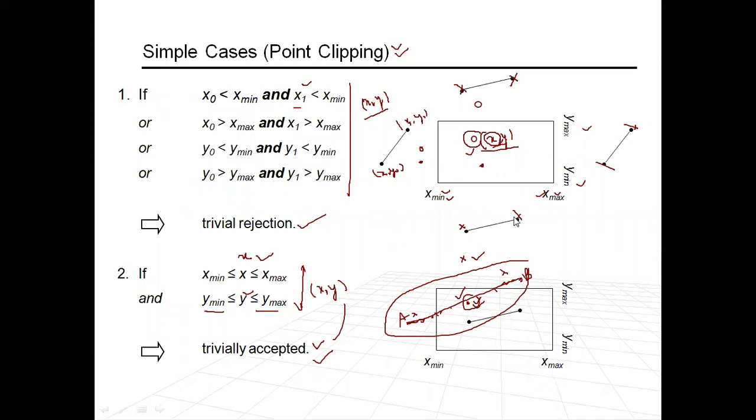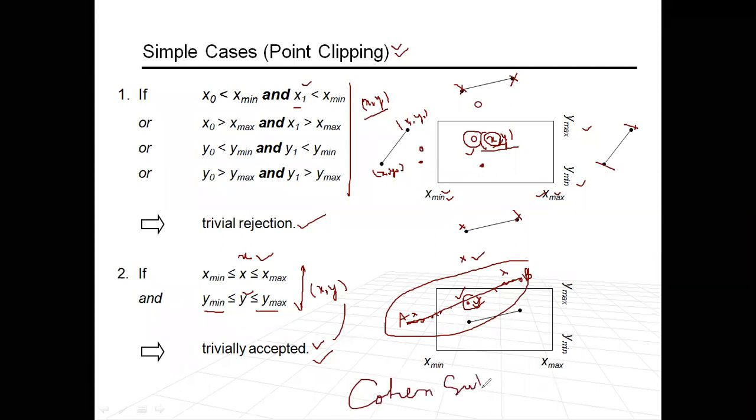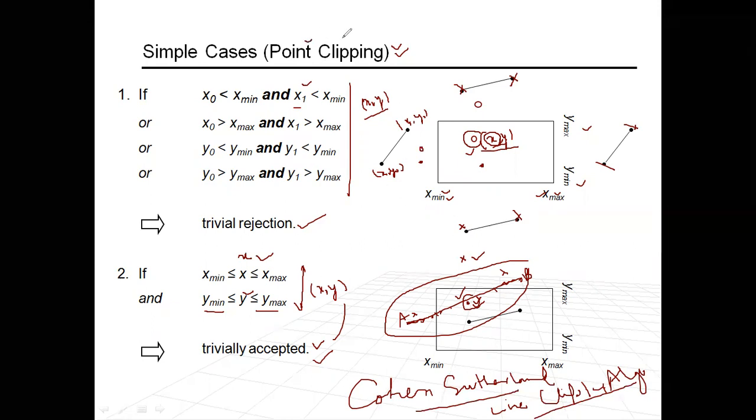So for that purpose we have another algorithm, called the Cohen Sutherland line clipping algorithm. To clip a line, basically we will not follow the point clipping method.